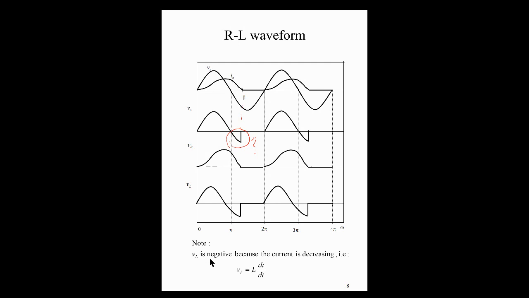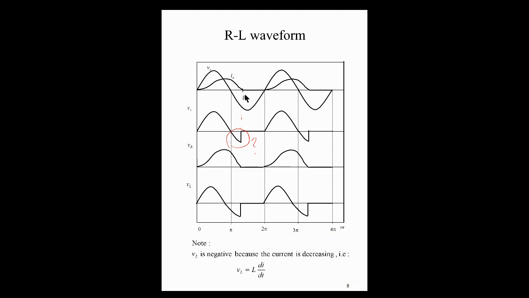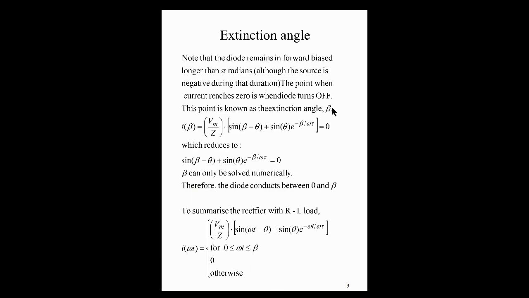Right, so I made a point here that it's the V_L = L di/dt that was responsible for this negative section of the waveform. That beta that I spoke to you about a short while ago, the point at which the current flowing through the diode equals 0, is referred to as our extinction angle.